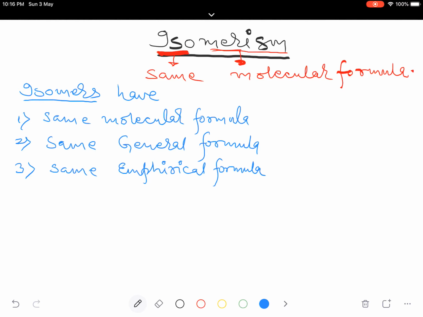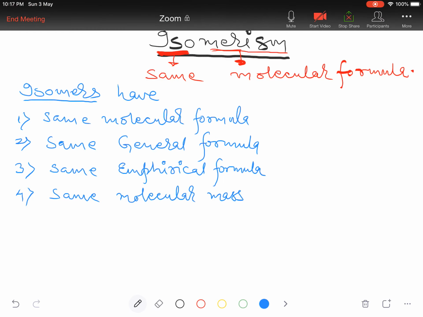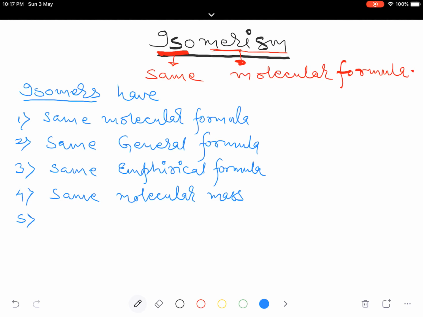So along with this, if they are having same molecular formula, their molecular mass will also be same. So we can write same molecular mass, right? Now if they are having same molecular mass, their vapor density will also be same. So I can write same vapor density, because vapor density depends upon molecular mass itself.